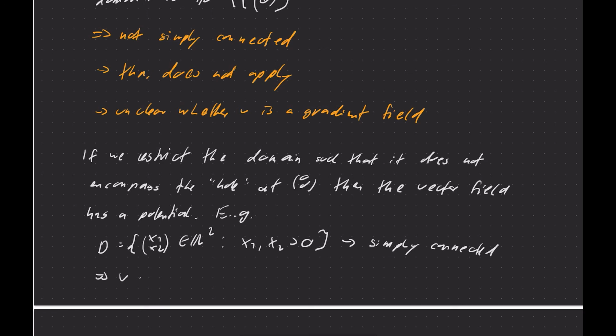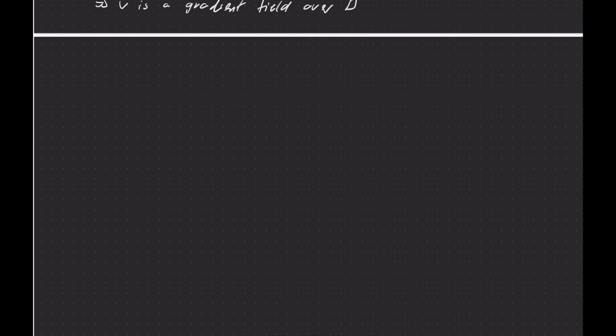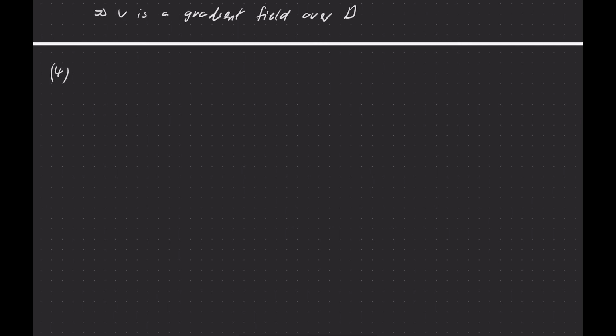And so that means V is a gradient field over D. So for those partial domains, we can find potentials, but maybe there is no potential that covers all of R2 without our origin, without the hole. And again, the theorem does not tell us whether there is a potential or not. The theorem cannot be applied because the domain is not simply connected. That's the catch here.